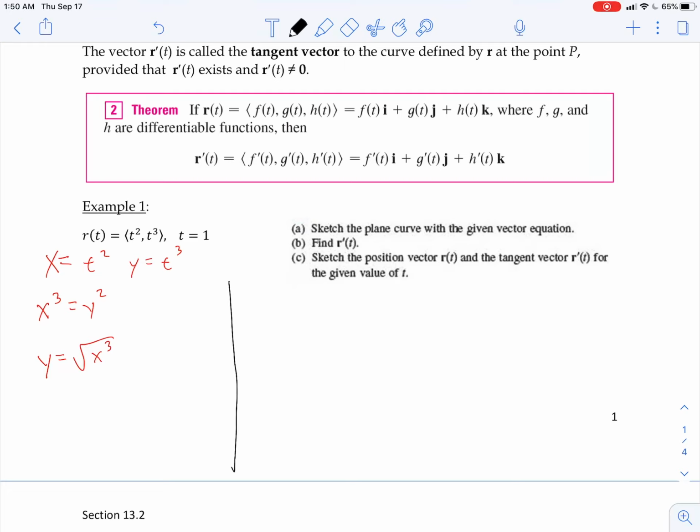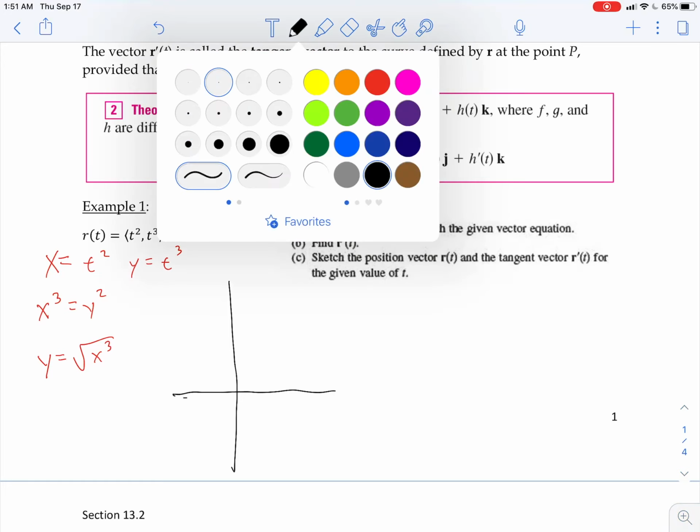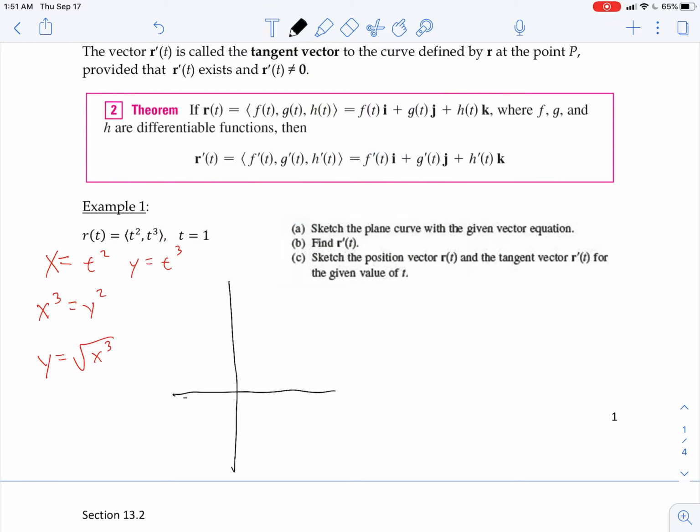And so what we're going to get is this sketch of our curve. Because it's a square root, all our y values are just going to be positive. Usually when we have x equals the square root, it curves that way.